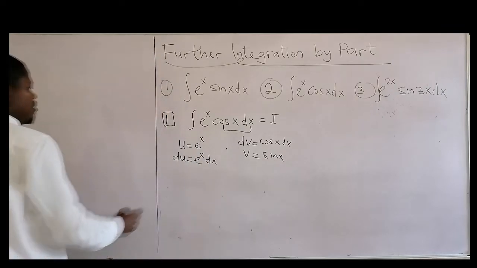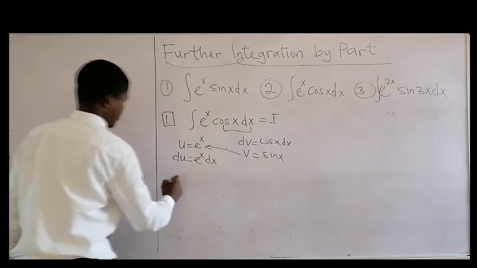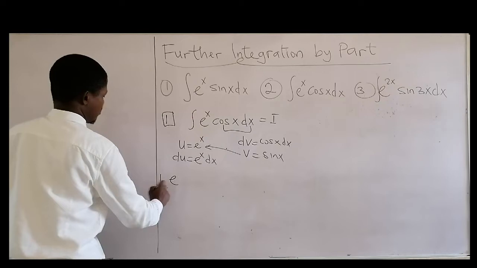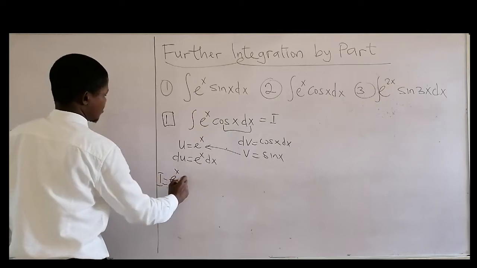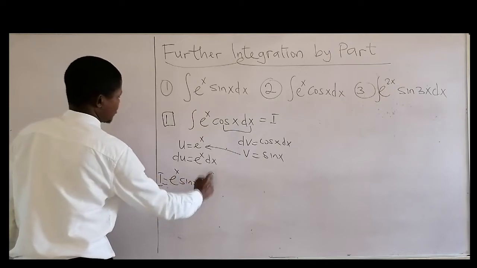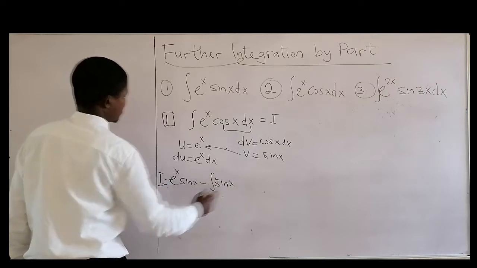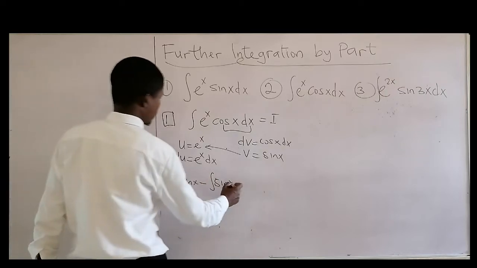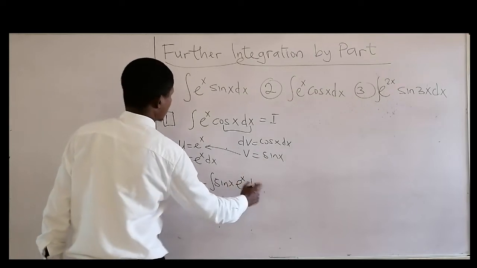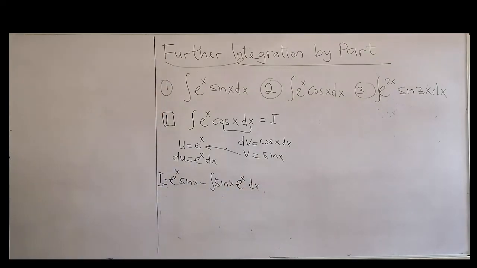Okay, so uv, that's I equal to e to the power x sin x minus the integral of v, my v is what? sin x, times du. My du is what? e^x dx. Okay, then now we'll call for differentiation.